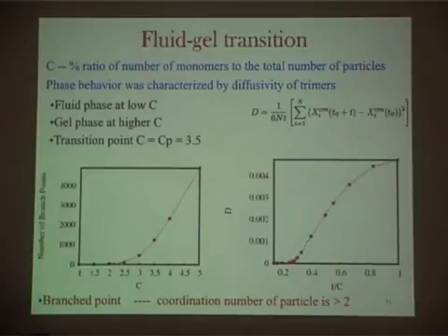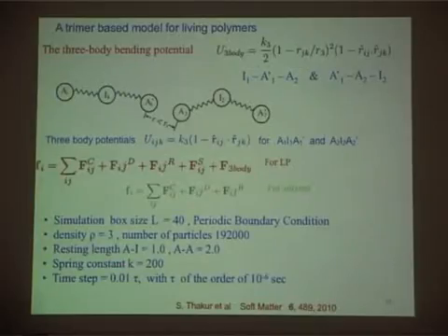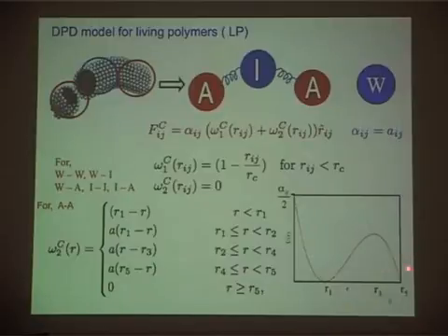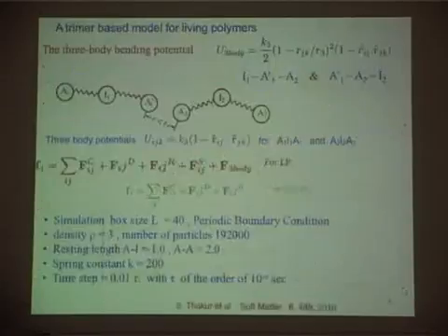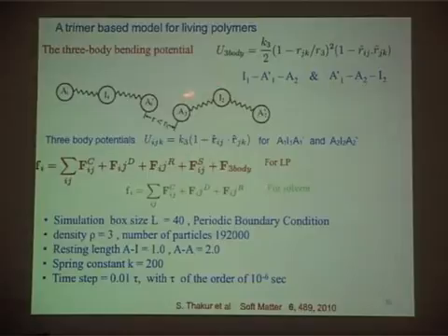I can talk to you about it because I've also done that simulation. In this case, the difference is that what we have is just this potential for the N bead interaction, and a repulsion between the N bead A and the water.